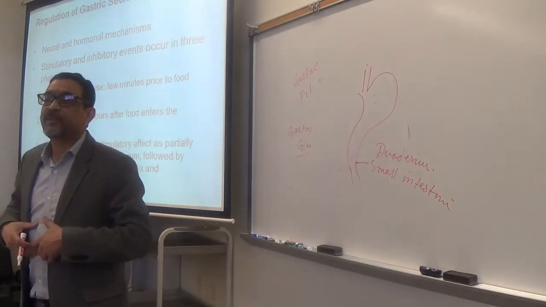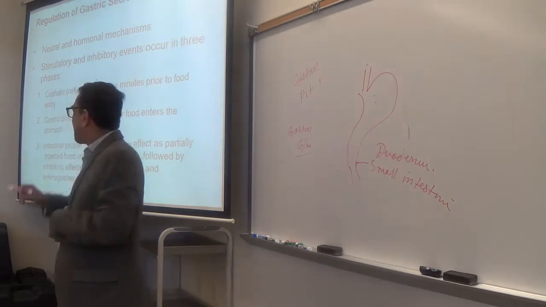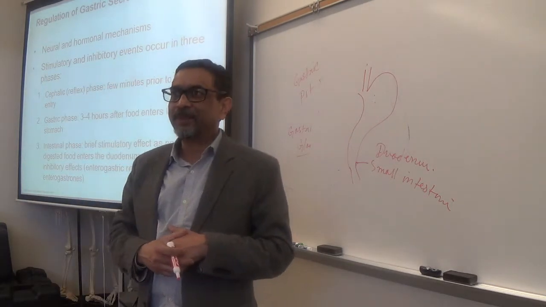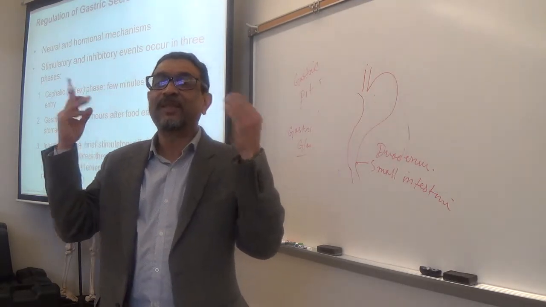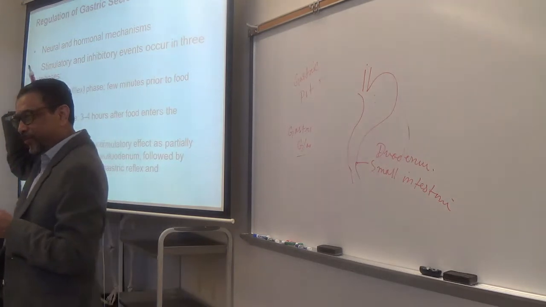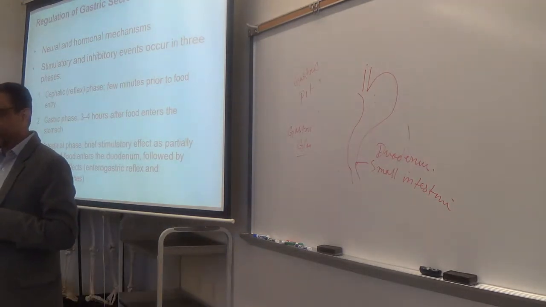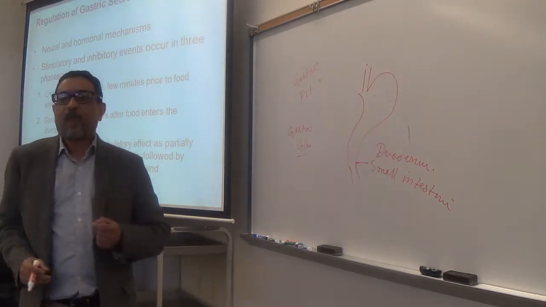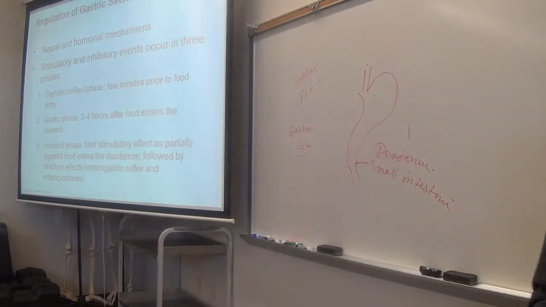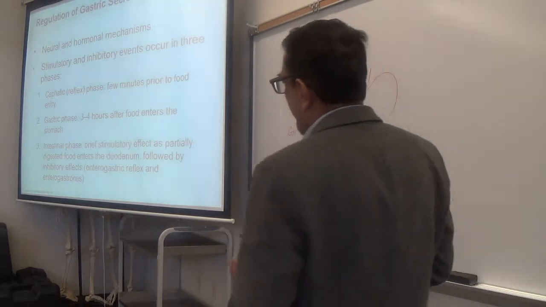So that is called the cephalic phase or reflex. Okay, if you are hungry, if you even think about food, secretion will occur, right? So everything happens in the head, brain. Thinking, seeing, smelling. So that is called cephalic. Cephalic means head phase.